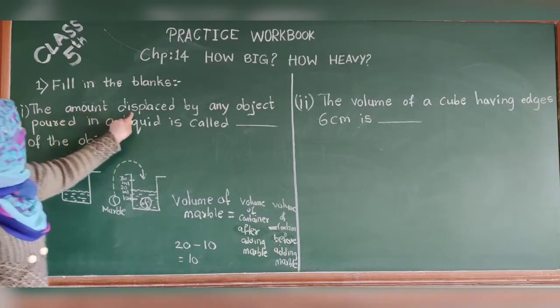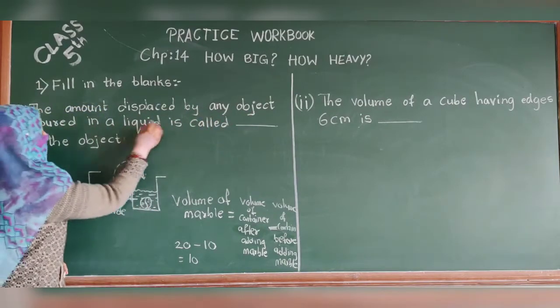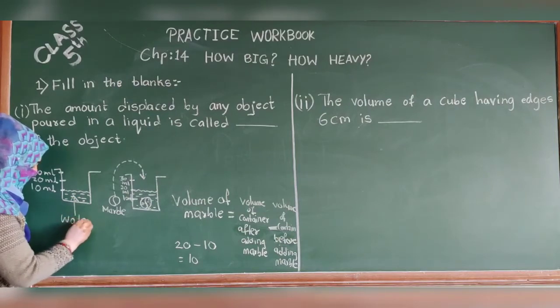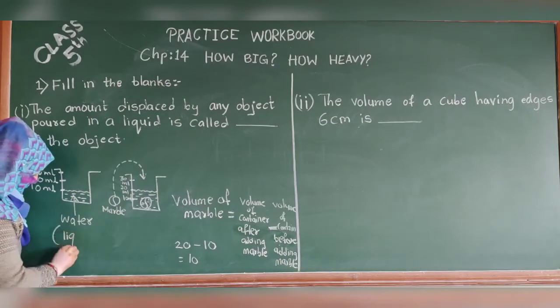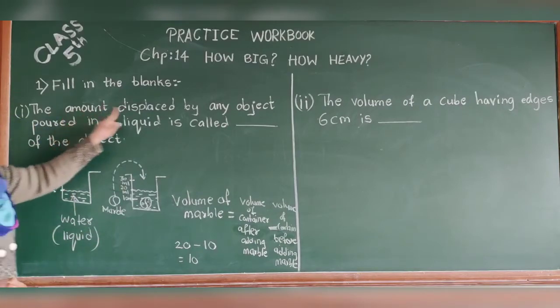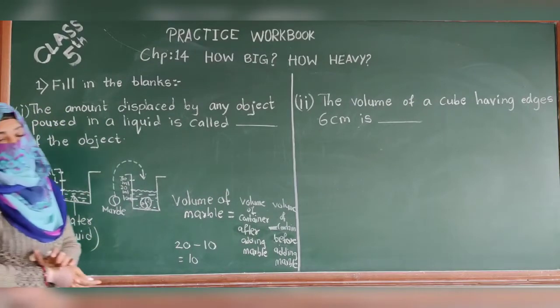So the fill in the blank is like this: the amount displaced by any object poured in a liquid. Now this was water, and water is a liquid. When you put an object in the liquid, the water is displaced.